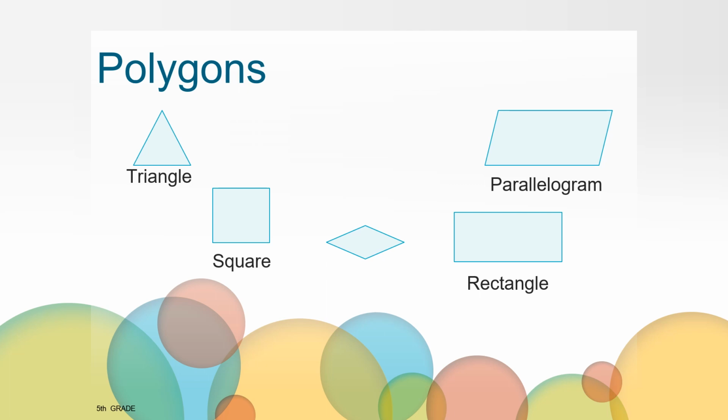This is a rhombus because it is a parallelogram with 4 congruent sides. And this last shape is a trapezoid because it is a quadrilateral with exactly 1 pair of parallel sides.